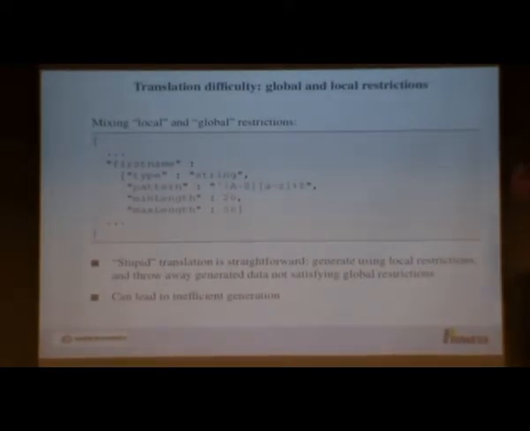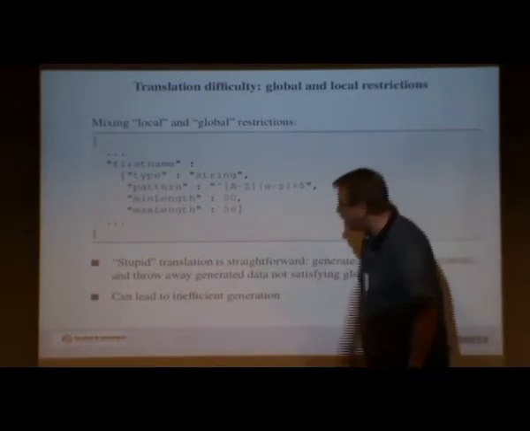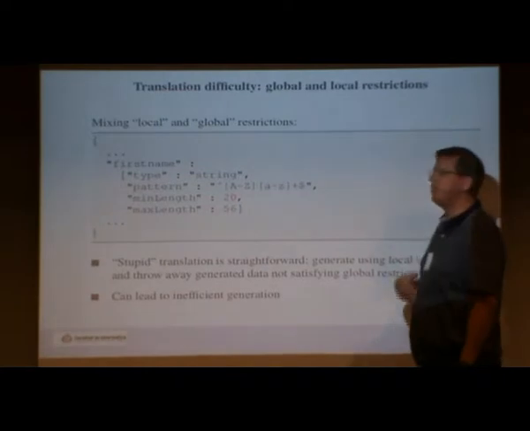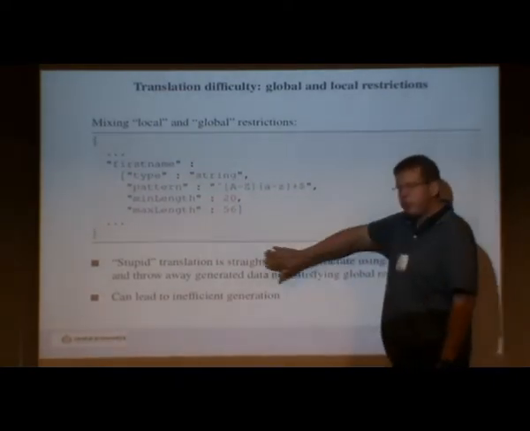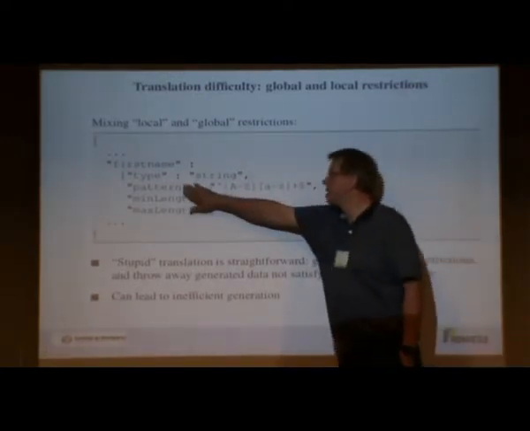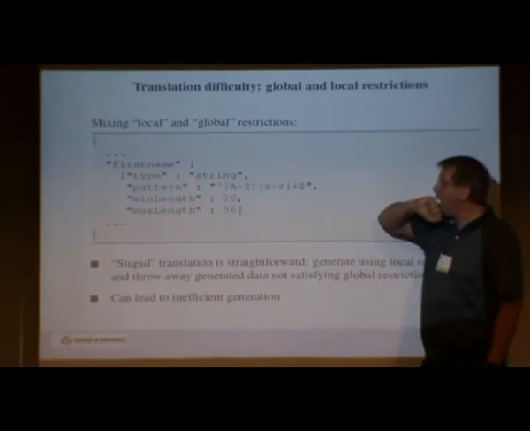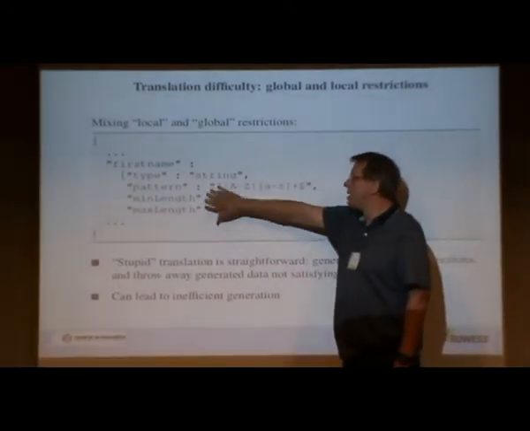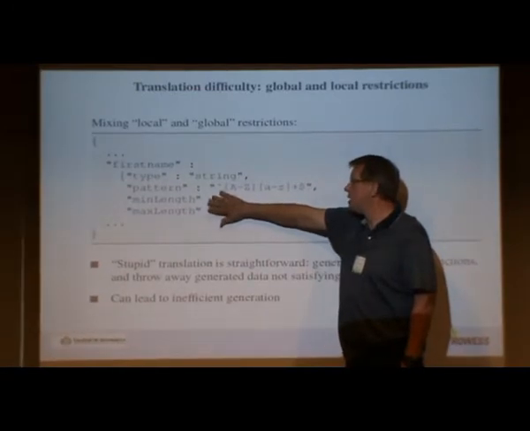Well, ideally, one should probably combine these global and local constraints, have a dedicated constraints rule, I don't know what. What we do in practice for now is a really stupid translation. We generate using these local constraints, and then we generate a set of values, and we throw away the values that don't match the global constraints.